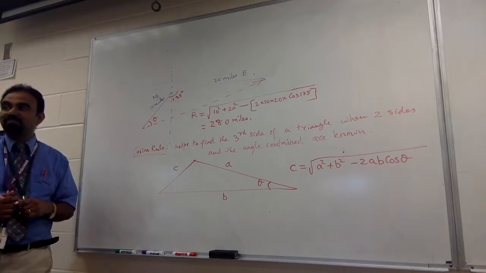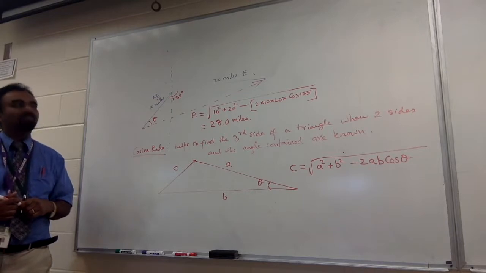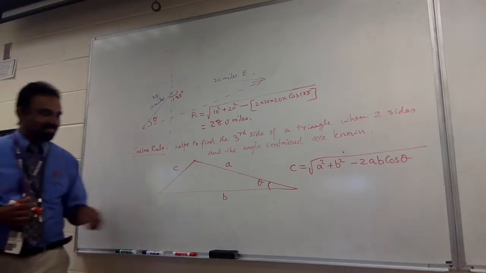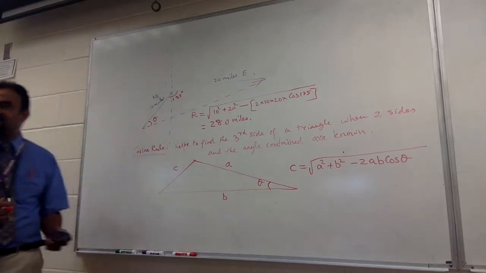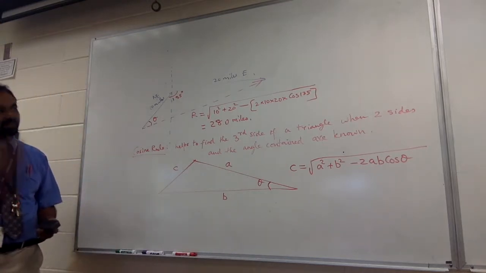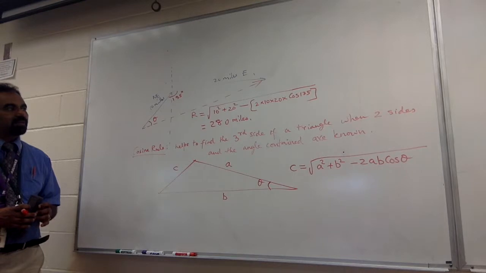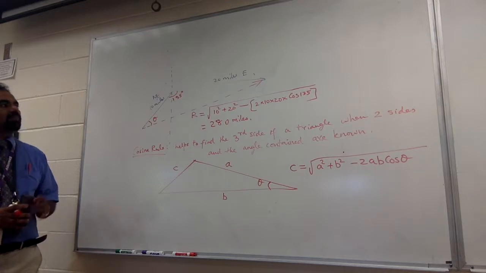There's another equation. What is that called? It's basically, you just need to do some algebra to that. Like, cosine of an angle equals a squared plus b squared minus c squared over 2ab.